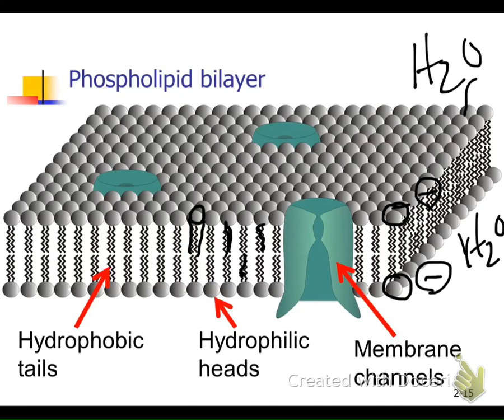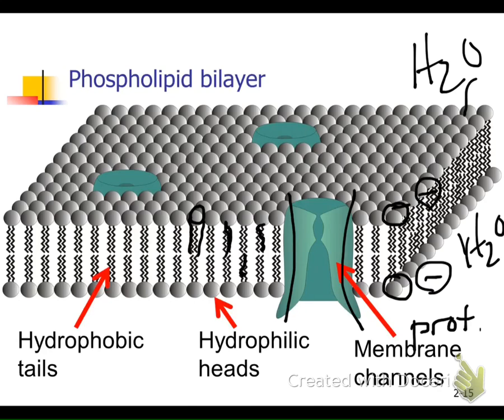But it's not just these phospholipids. There are also going to be a lot of, here it's called membrane channels, which is a particular type of protein. So these are proteins that are in the membrane. And it's through those membrane proteins that become basically a bridge, a port, a channel through which molecules can move.